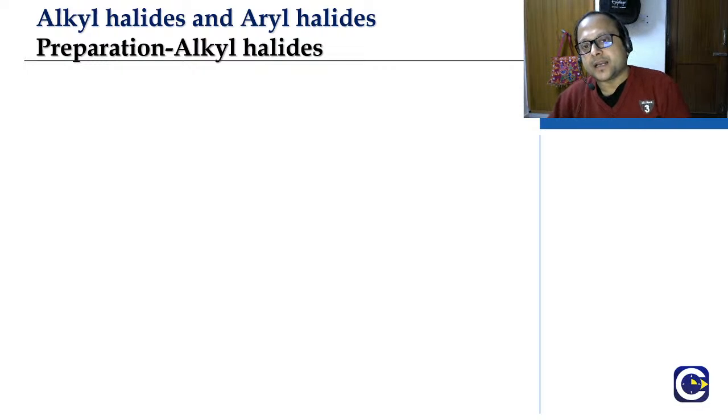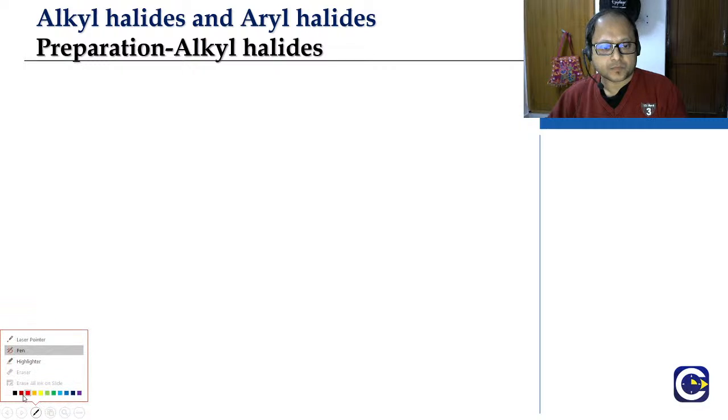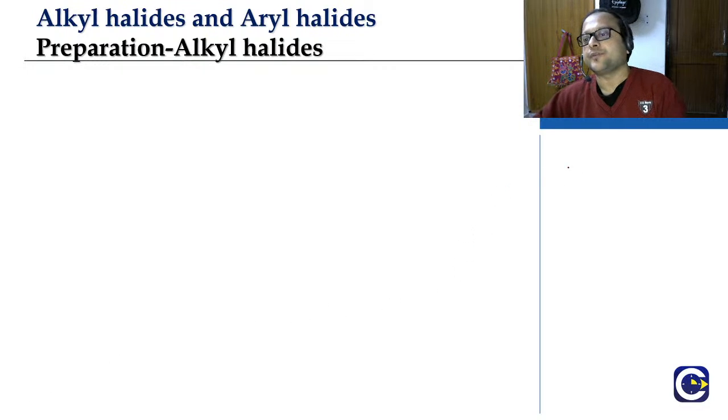In totality, we are going to study 4 different types of preparations. First, we have already covered the one that is with the help of alcohols. Today we'll be focusing on the one that can be done with the help of hydrocarbons.